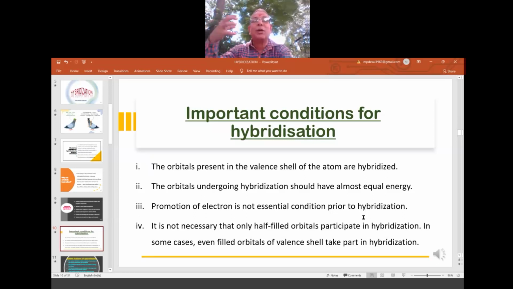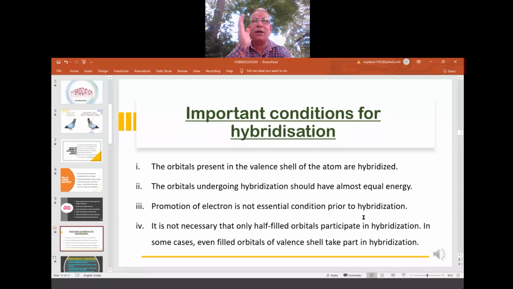Because more chlorine atoms are approaching, more fluorine atoms are coming, more other atoms are coming. So for them, they require more unpaired electrons, but you have only a few unpaired. So for this purpose, sometimes we promote electrons from the lower energy level to the higher energy level, when it is required. Otherwise, it is not a compulsory or essential condition.